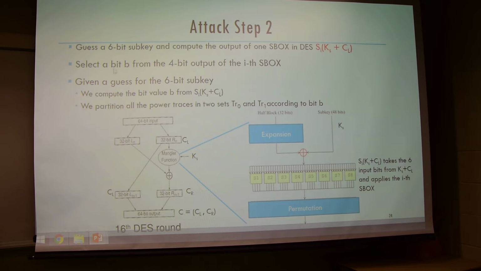Then select one bit B from the 4-bit output of the ith S box. Given a guess for the 6-bit subkey, you only need to compute this 1-bit value. And then we partition all the power traces into 2 sets according to this bit B, trace 0 and trace 1.